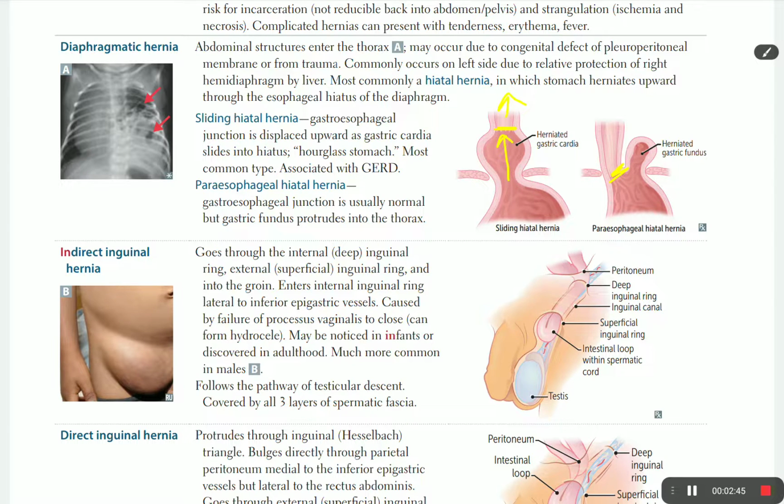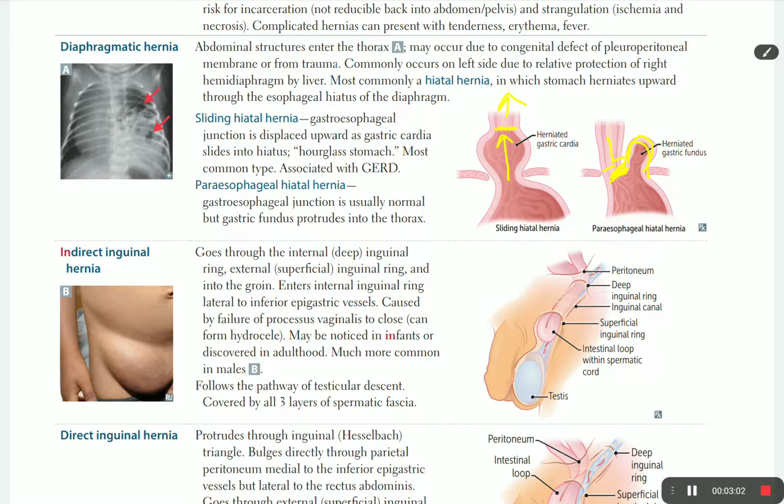Here in the paraesophageal hiatus hernia, there is no effect on the esophagus, but the fundus of the stomach gets into the thoracic cavity.